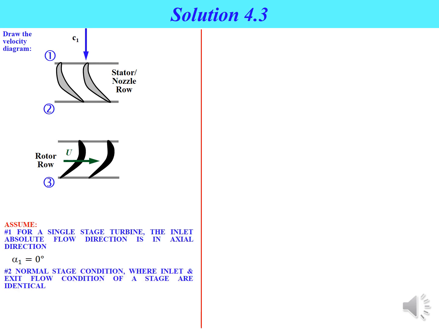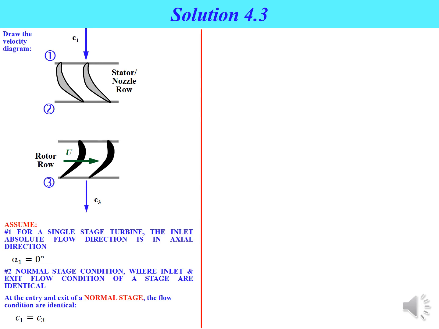The second condition that we need to consider is the normal stage condition, where the inlet and exit flow conditions of a stage are identical. At the inlet we have axial flow. Thus, after we consider the normal stage condition, C3 also equals C1 and the direction is also axial, as shown in the figure.